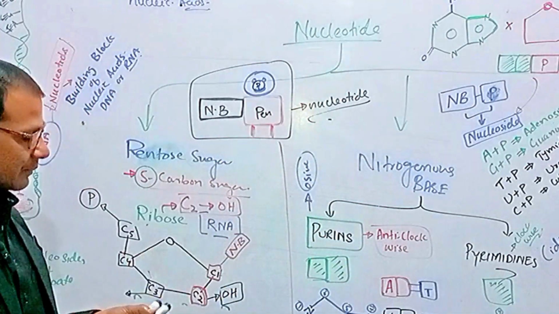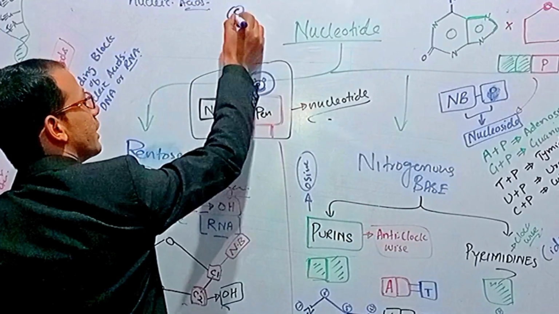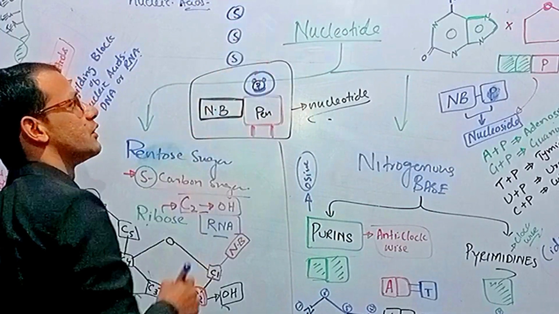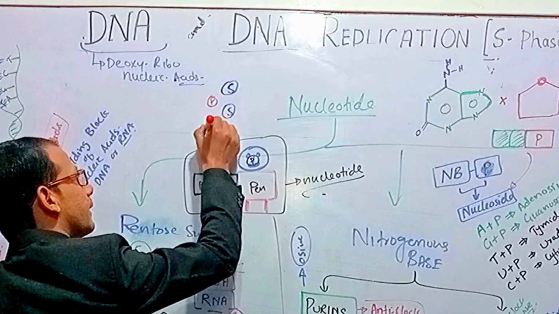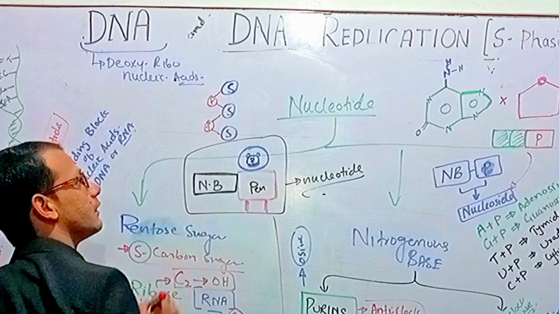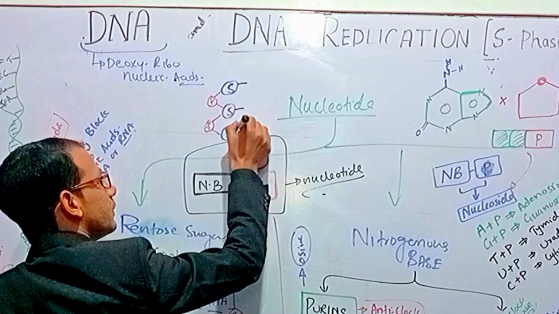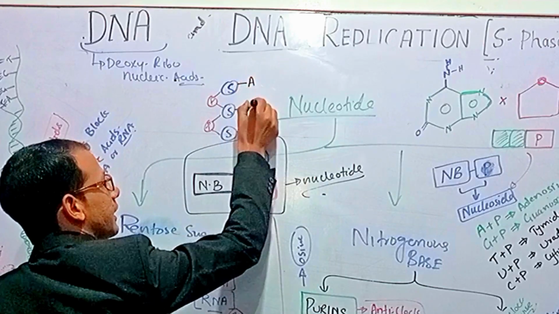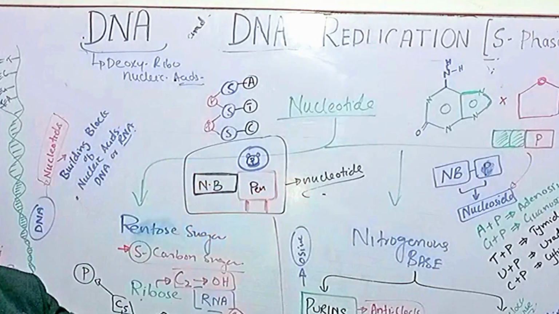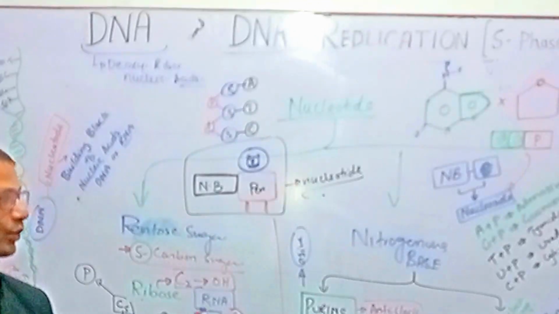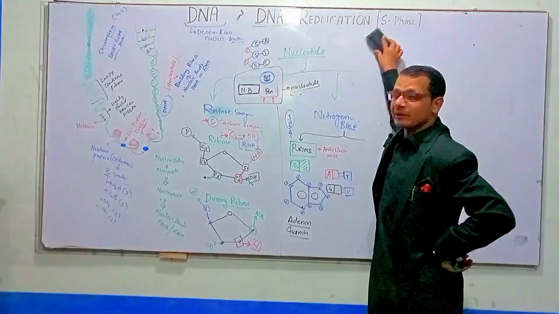So for example the sequence of DNA will be like this. We have sugars, and these sugars are bonded by phosphate, right? And these sugars are attached to nitrogenous bases, adenine, thymine, cytosine, etc. This is a single-stranded DNA, right? Now we will discuss the structure of DNA.